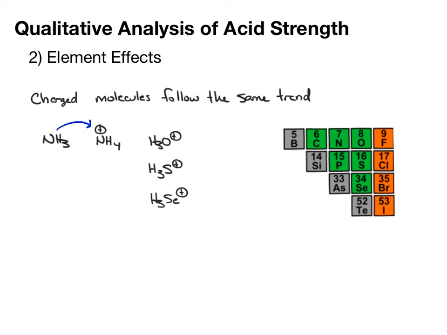Going from NH4+ to H3O+, you're going from nitrogen to oxygen. That's the electronegativity trend, and H3O+ is more acidic than NH4+. Next, if you go from H3O+ to H3S+, or H3S+ to H3Se+, you're also increasing acidity because now you're going down the periodic table.